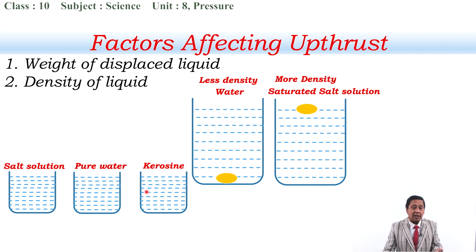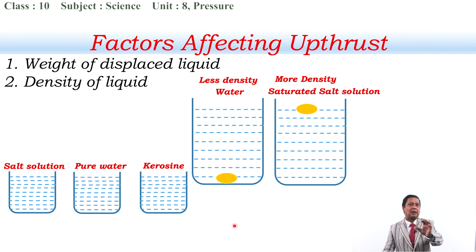That's why kerosene is lighter than water. If we mix these two, then kerosene forms the upper layer, water forms the lower layer. The conclusion, what I am saying, is that salt solution is denser than pure water, which is denser than kerosene.